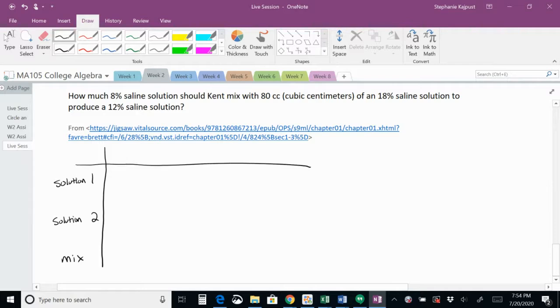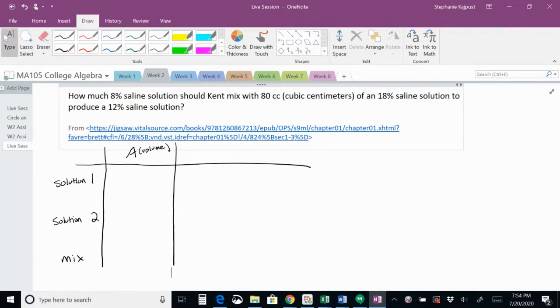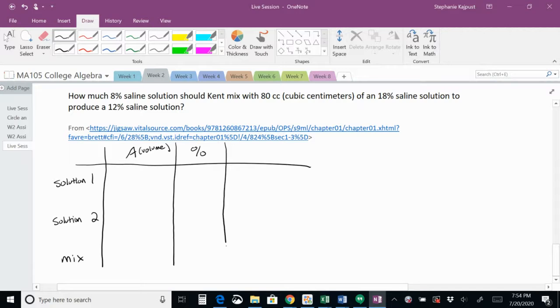And we have a formula that is your amount, or the volume, basically how many liters or gallons or whatever you're mixing together, times the percent, and then it's going to give you total.